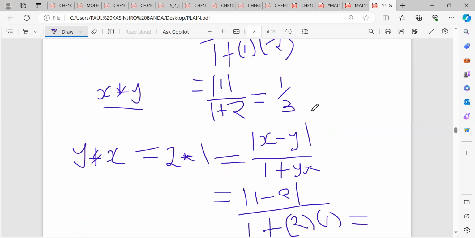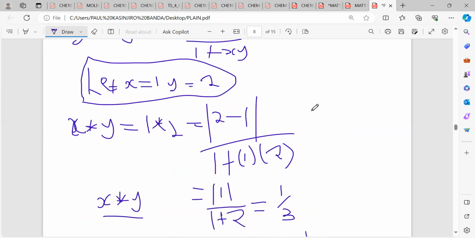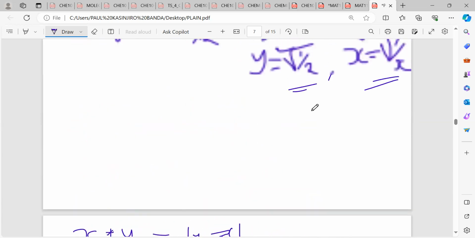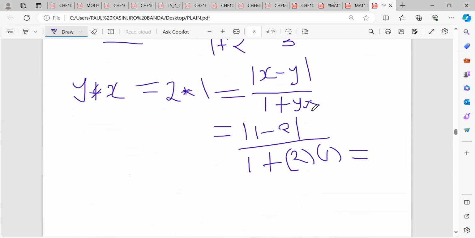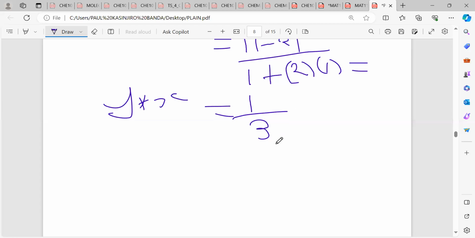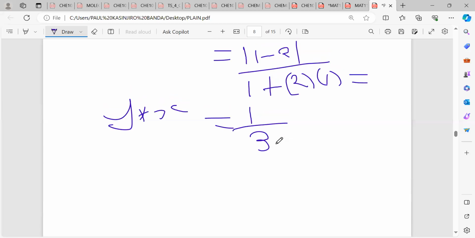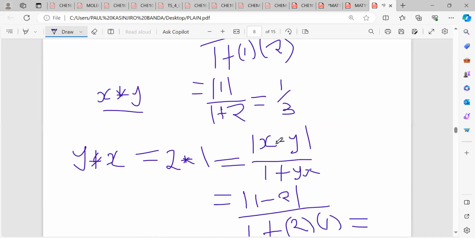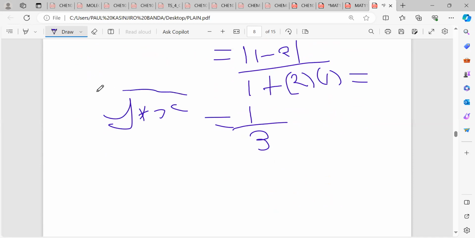Then what is our x star y? Here. You can see that x star y gives you 1 over 3, and y star x also gives you 1 over 3.